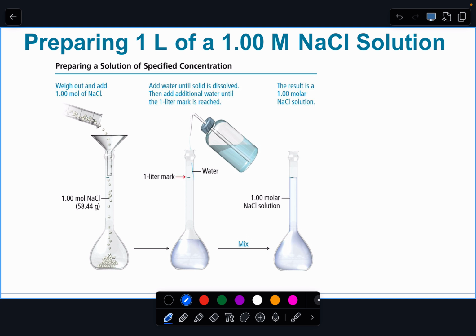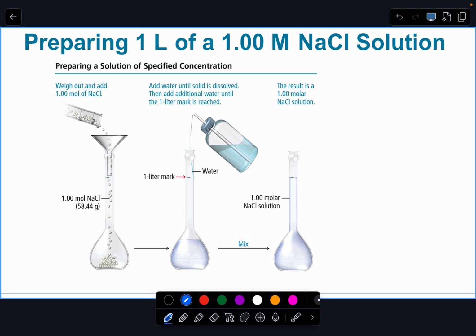So when a question asks how do you prepare this solution, you need to first figure out how many grams to add, and then you would go through this process. If it's a multiple choice question and you selected an answer that said add 1 liter of water to 58.44 grams of sodium chloride, that's not right, because you want the total volume to be 1 liter.